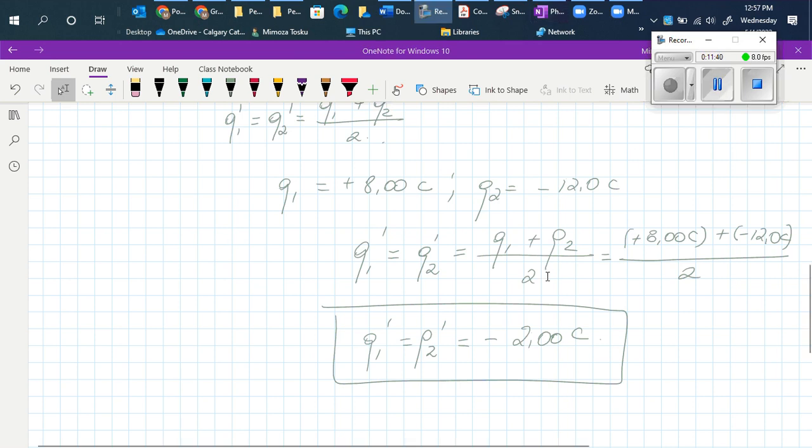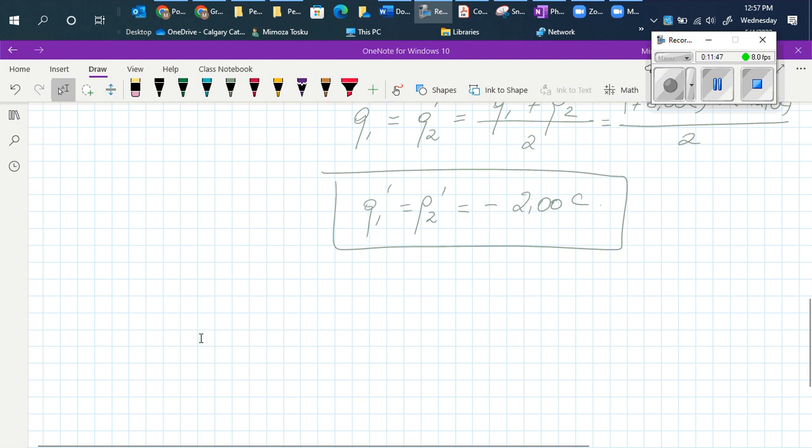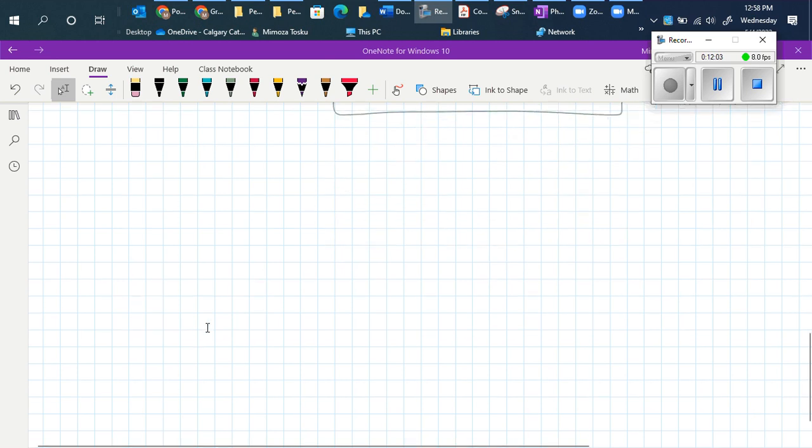Another application, or the way that we see Coulomb's law applied, is when the charges are not in a straight line. And what this will end up being is a 2D situation. In the first examples, we had a 1D situation, now we will see a 2D situation. In a 2D situation, we follow exactly the same logic.